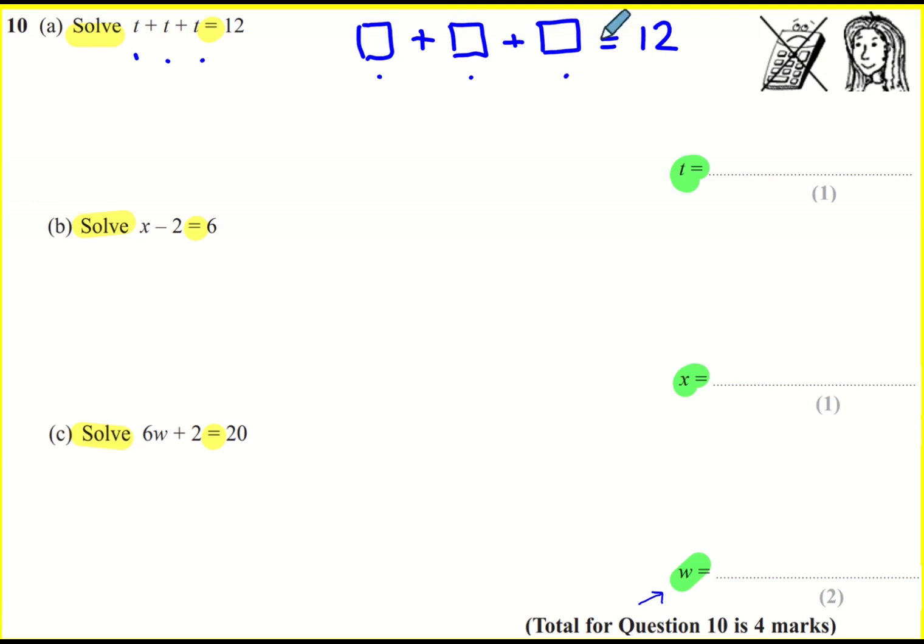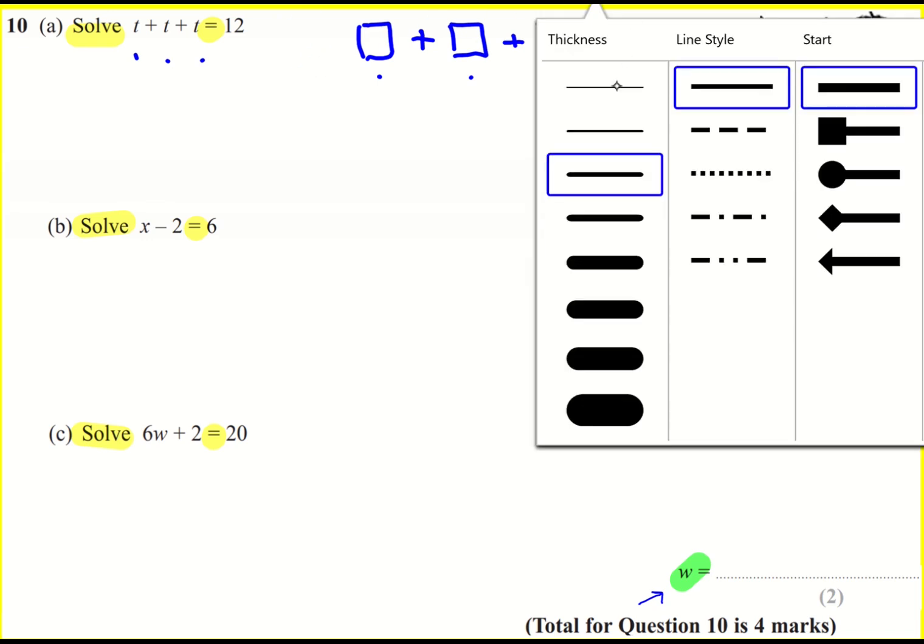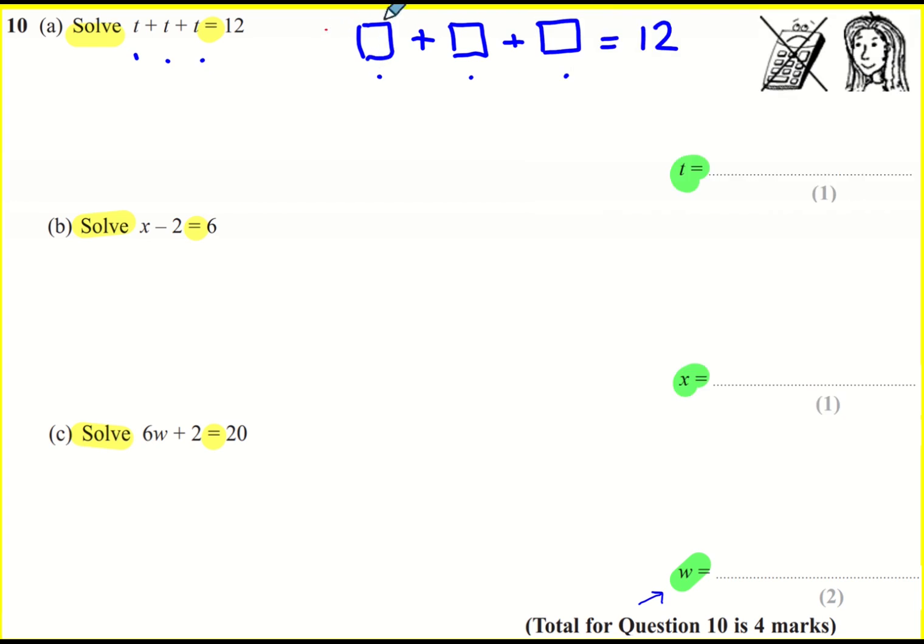Obviously you could do lots of different combinations there to give you 12, but we need it to be the same value. And the only number that you can put in there that adds together 3 times to give 12 is 4. 4, 8, 12. Okay, so your answer there is 4.